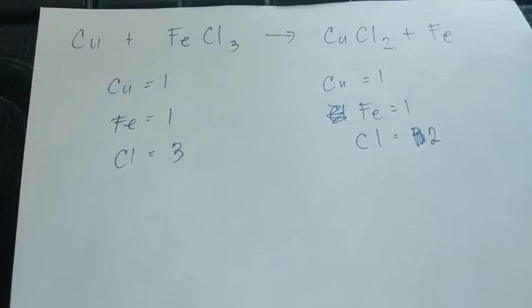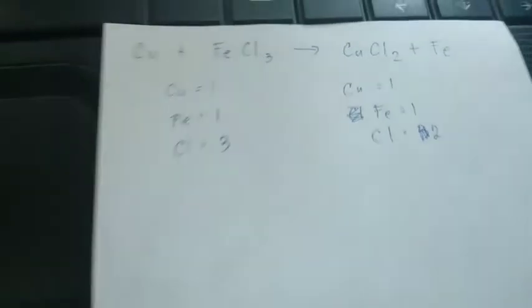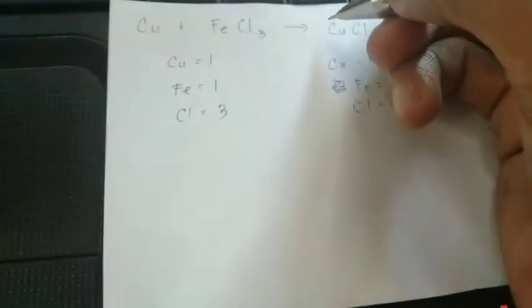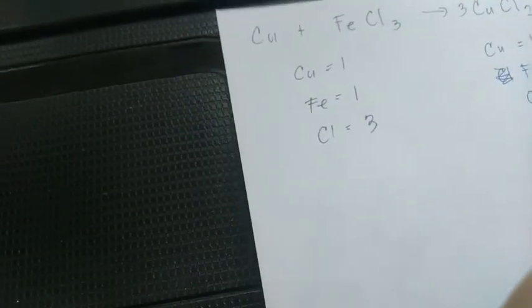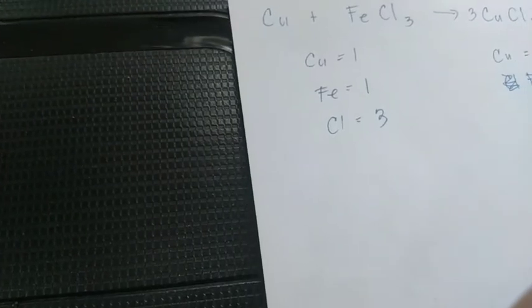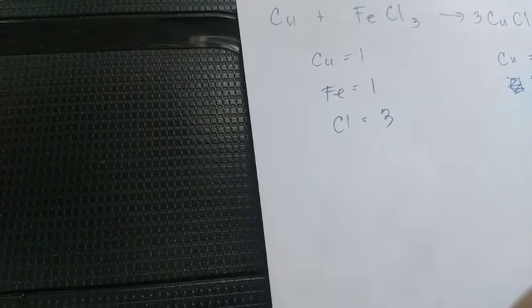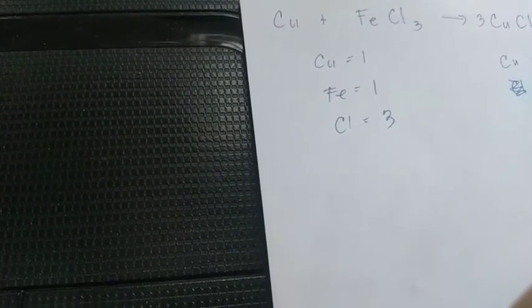So, try nating i-multiply yung sa product ng 3. That will become, we have copper will be multiplied by 3 as well as the chlorine. So, we will have 6 and we will have 3.